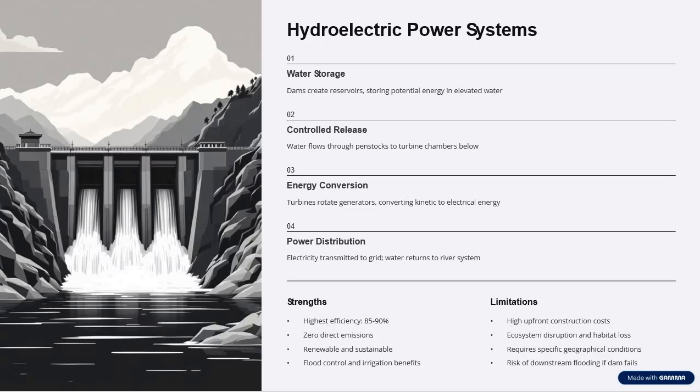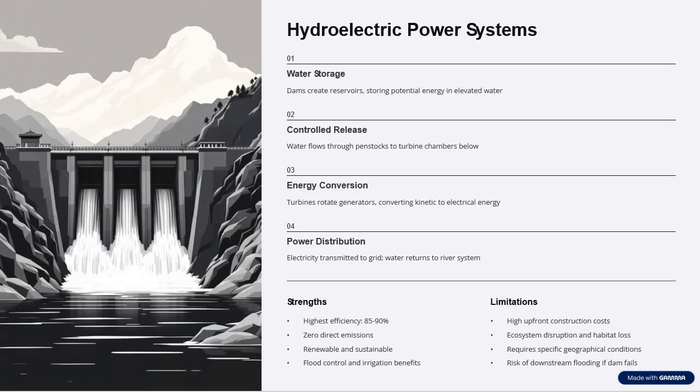Next, we go to the hydroelectric power system. It is mainly based on water sources, controlled release, energy conversion, and power distribution. It also has some strengths and limitations. Water storage: a dam is created on the resource, storing potential energy in elevated water. Water flows through the penstock to the turbine chamber, below the water channel.